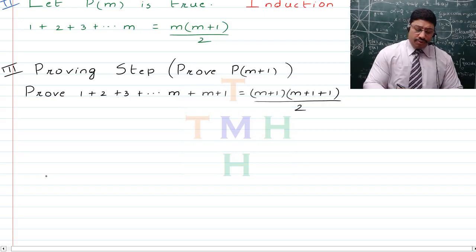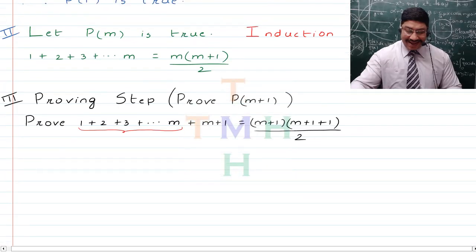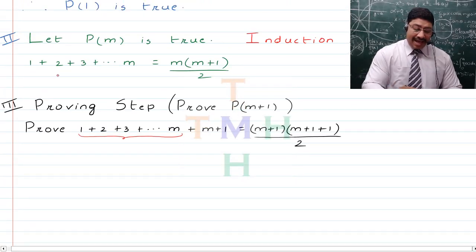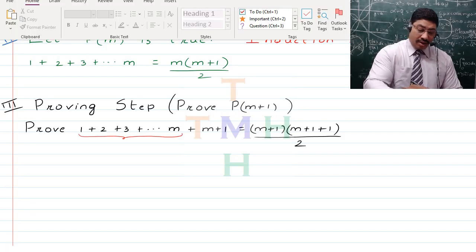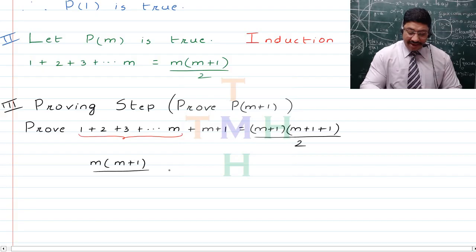Now what we do is we talk about the first m terms, right? As you know, the sum of the first m terms has already been taken to be true in the last step to make things easy, and its value is how much? It is m times m plus 1 upon 2, and that now is what we are going to substitute. So now we'll have m times m plus 1, which is further divided by 2.